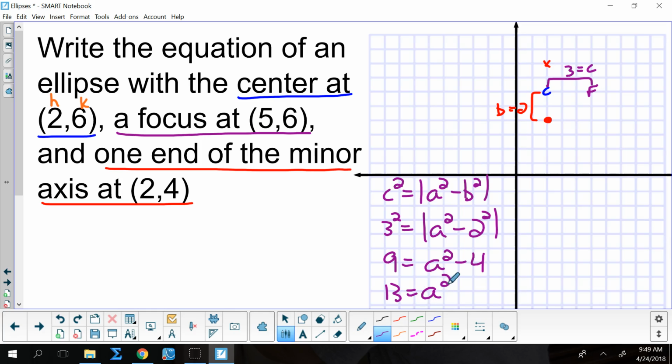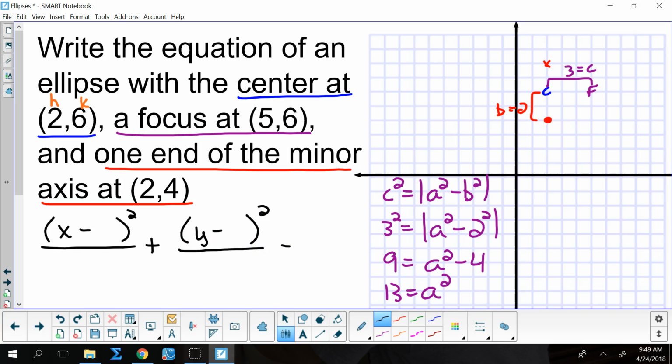Now, do I need to find what a is? Why not? Because in the equation it only requires a squared. Bingo. So it's just a squared in my equation. So this is going to be x minus something, quantity squared, all over something, plus y minus k, quantity squared, all over something, equals 1, right?